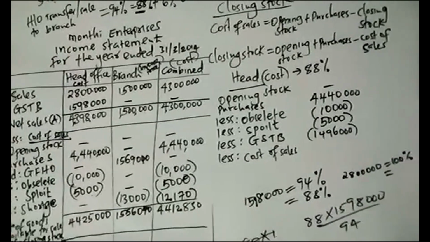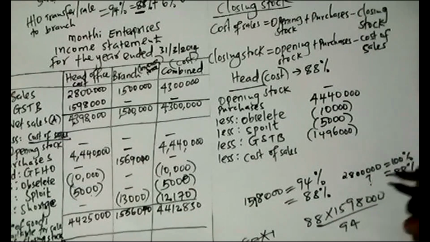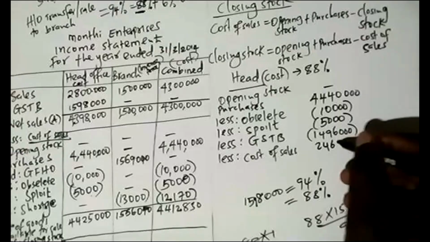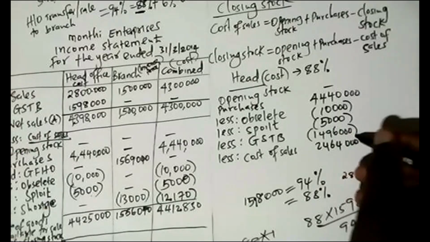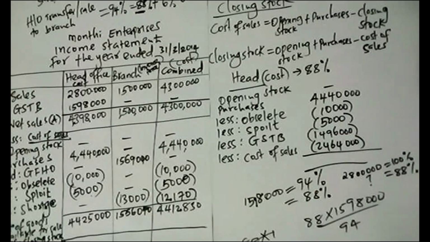That one is at 100%, of which we need 88%. So I will take 88 times 2.8 divided by 100. So I'm getting 2464. Oh, that is fine.